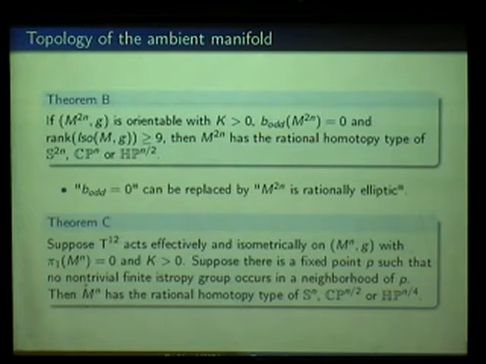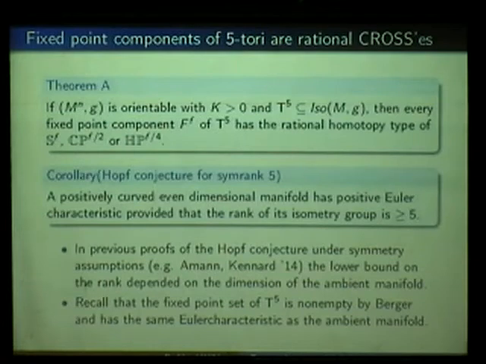So if the fixed point component of a torus action is an even dimensional sphere, then actually it's homeomorphic to an even dimensional sphere, not just rationally equivalent. Okay.